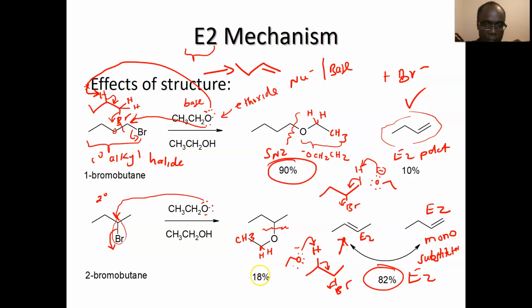SN2 is only 18%. So the structure can dictate who wins, whether E2 or SN2. So we are doing SN2 versus E2. Who wins? Depends on the structure. If the structure is bulky, then E2 will be happy. If the structure is less bulky, like primary or methyl halide, then SN2 will win.